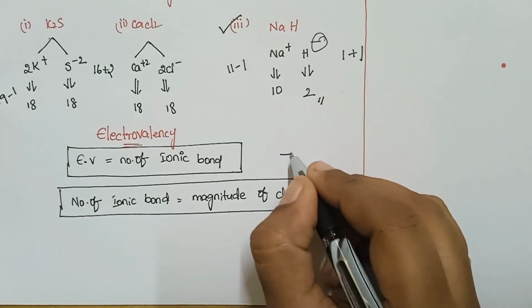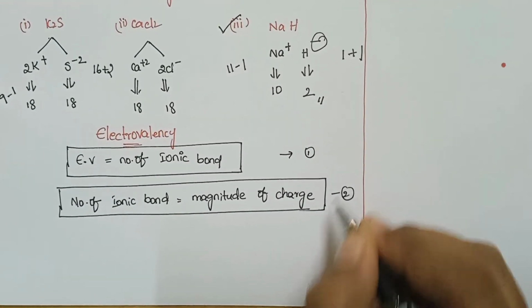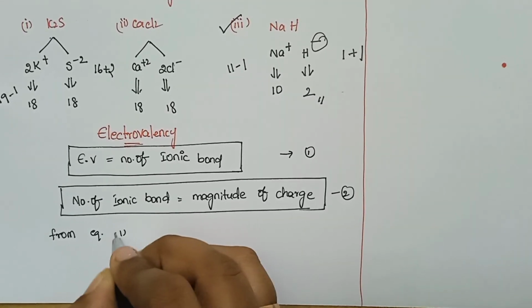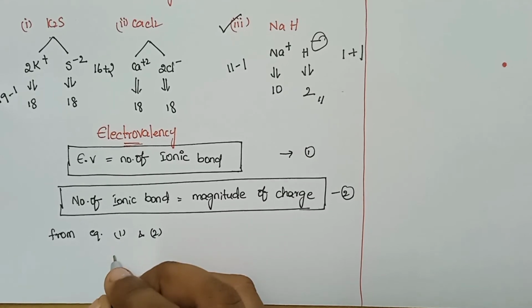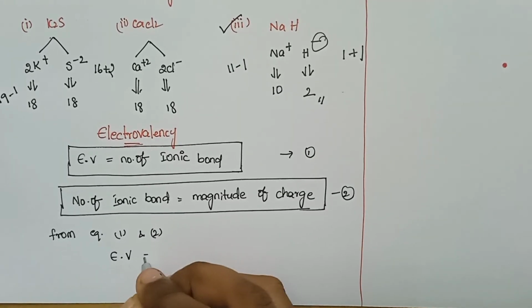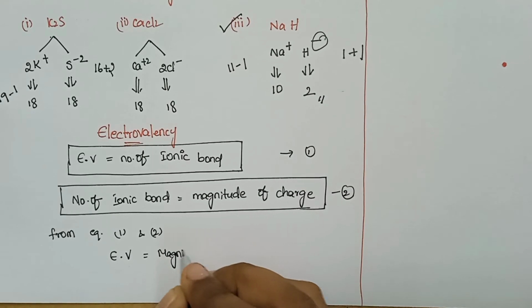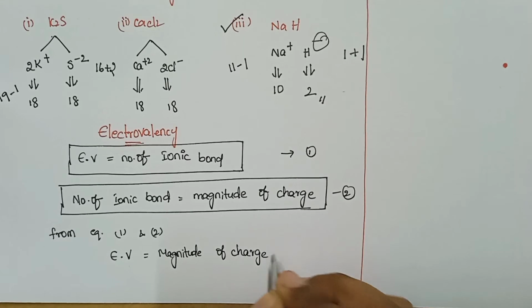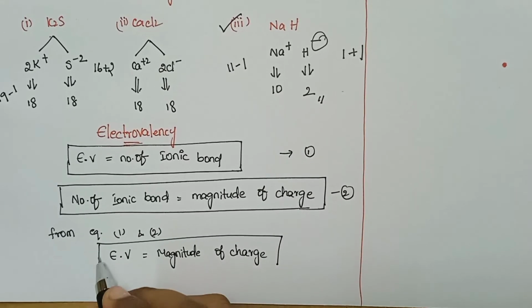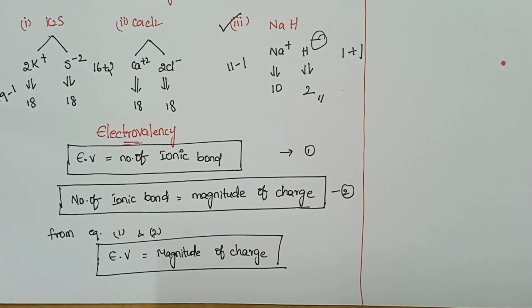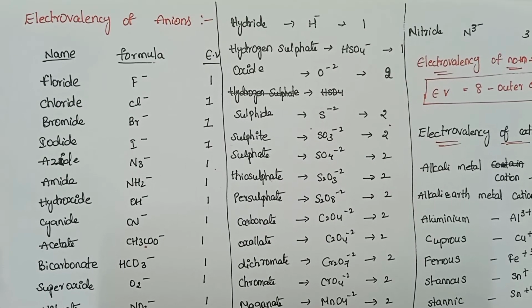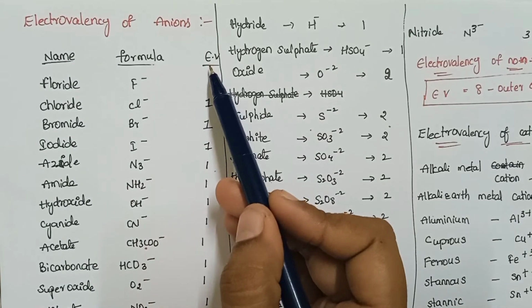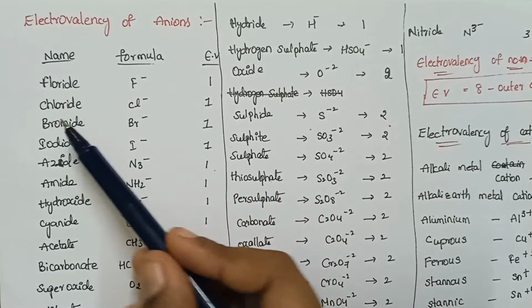So if you assume this is equation 1 and this is equation 2, from equations 1 and 2, electrovalency is equal to magnitude of charge. Now electrovalency of anions. So name, formula, electrovalency. Okay, so fluoride 1, chloride 1.